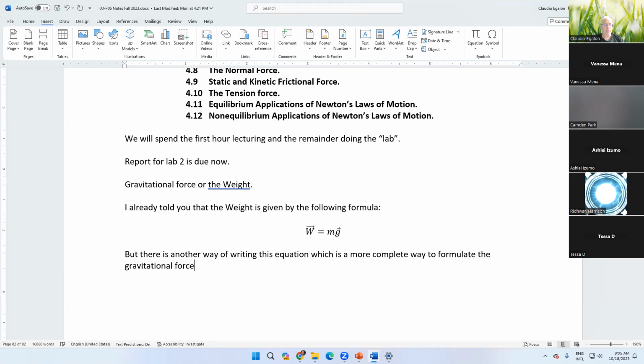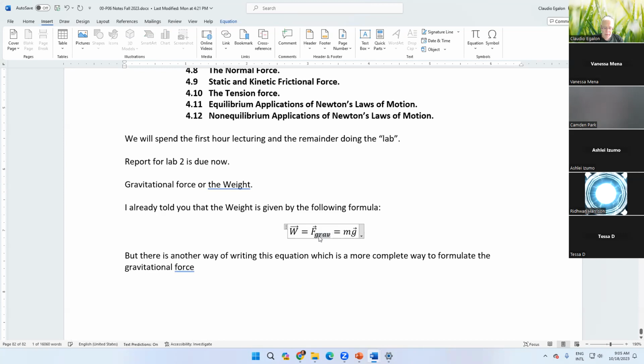Instead of writing it down as weight, I will write it down as gravitational force. Even better, I'm going to put capital G. And I'm going to explain the difference between those two formulas.